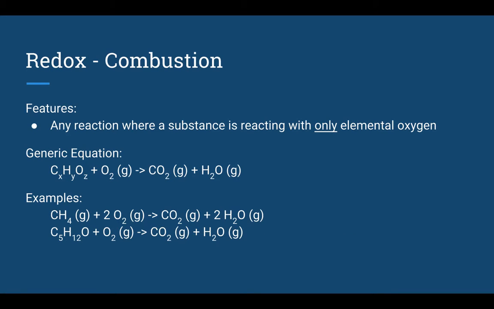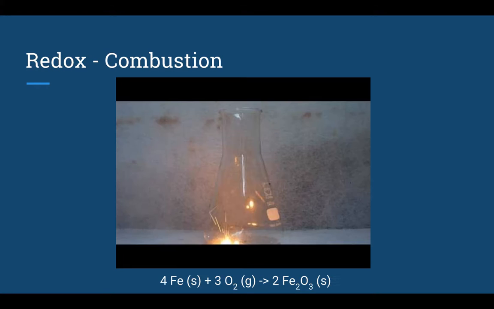Here we've got pentane, I guess, I'm not sure exactly what the name of this compound would be, but it's another compound containing carbon, hydrogen, and oxygen reacting with oxygen to form CO2 and H2O. I guess I haven't balanced that one.